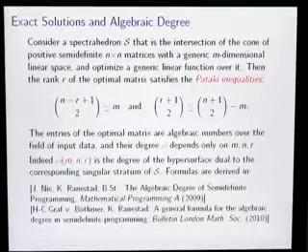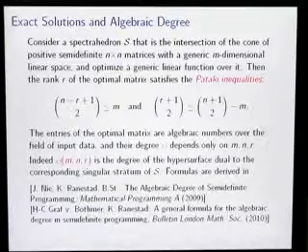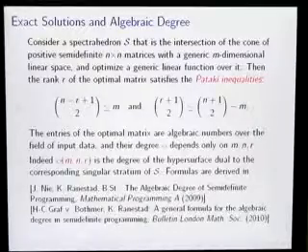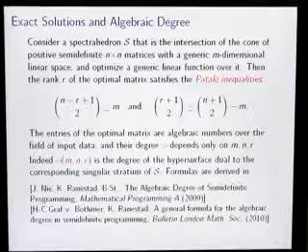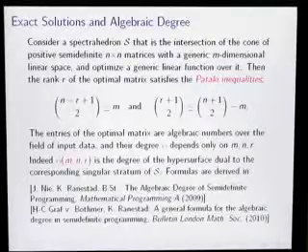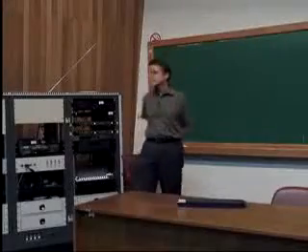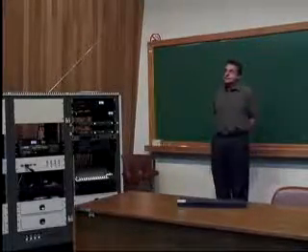So this gives you an exact formula in terms of m, n, and r for the algebraic degree of the coordinates of the optimal point. One way to think about this is as an intrinsic algebraic complexity measure for the optimal point of a semi-definite program.